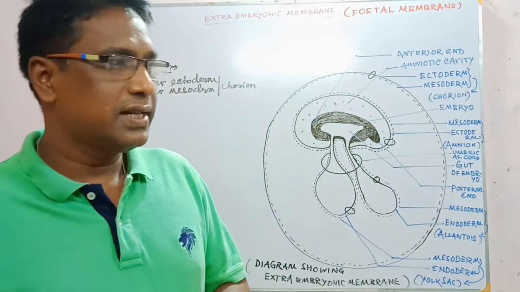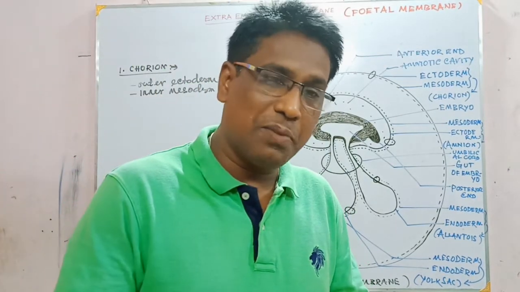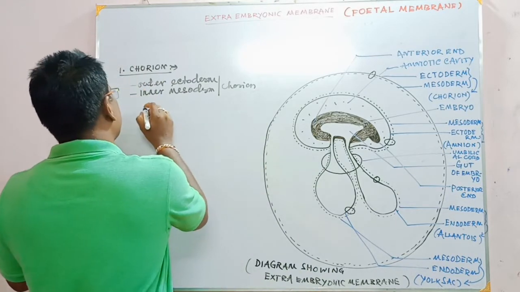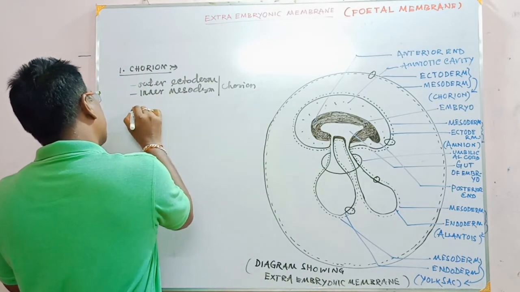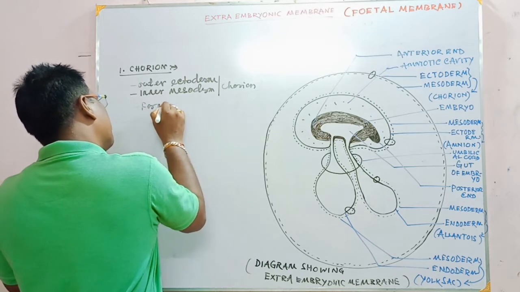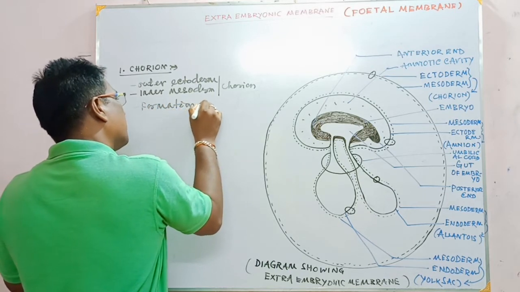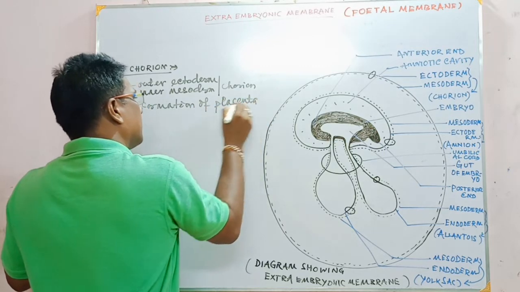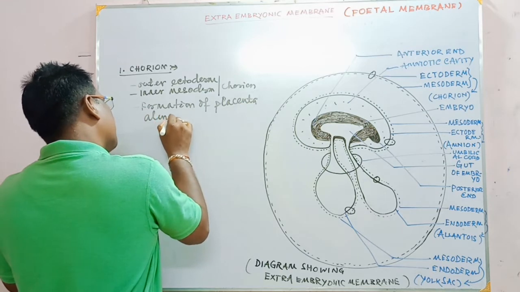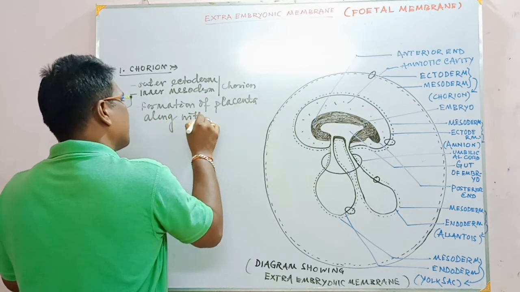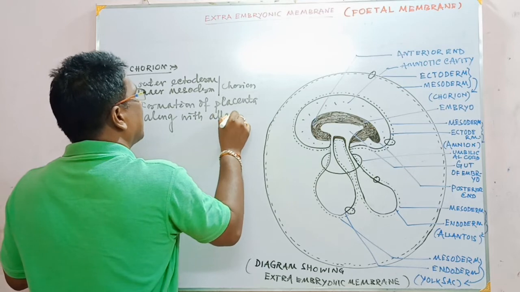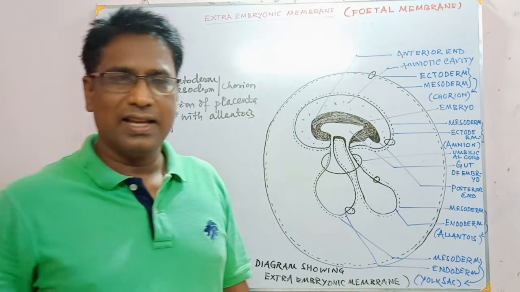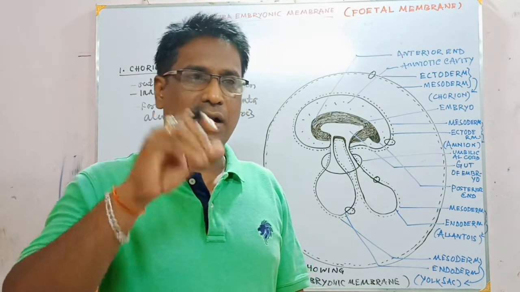And students, this chorion also helps in formation of the placenta along with the allantois. Hence, the human placenta is called chorioallantoic placenta.